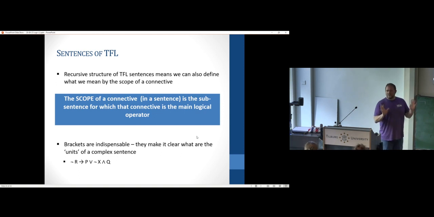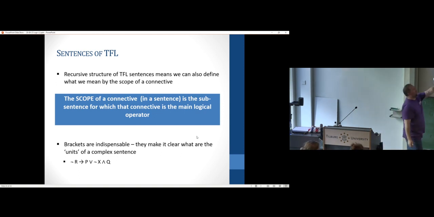Here's a way to make an example to drive that home. Take this. This is garbage. We cannot understand what this is saying, and the reason is we don't know what connections are attached to what. What is this disjunction linking?